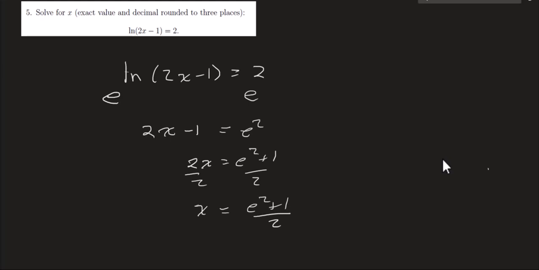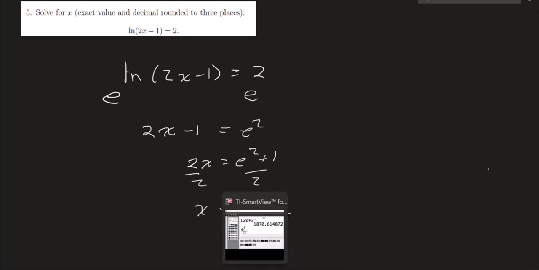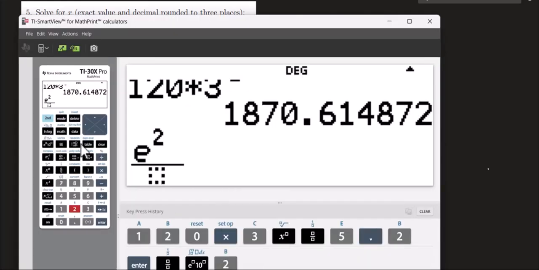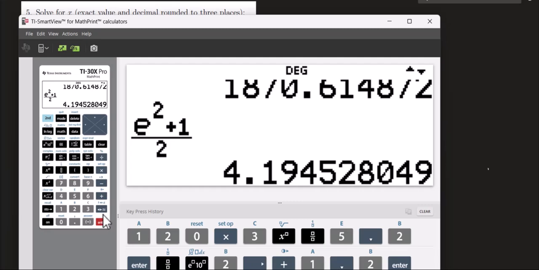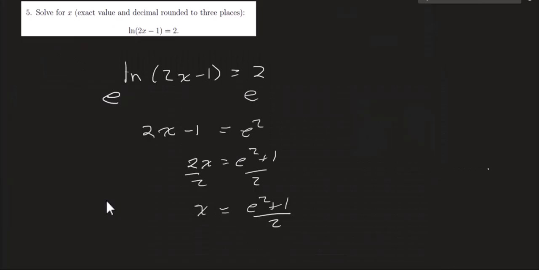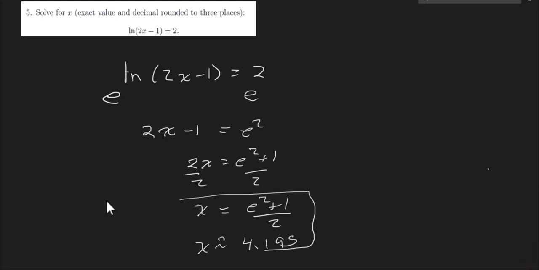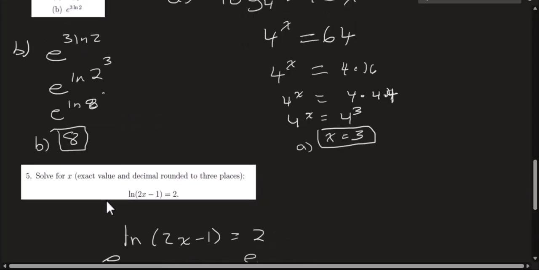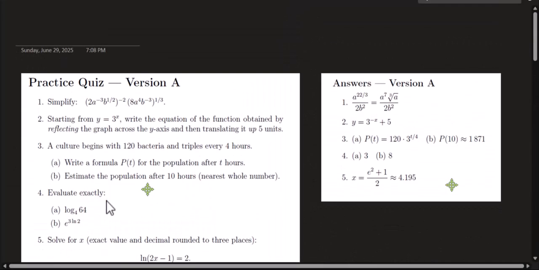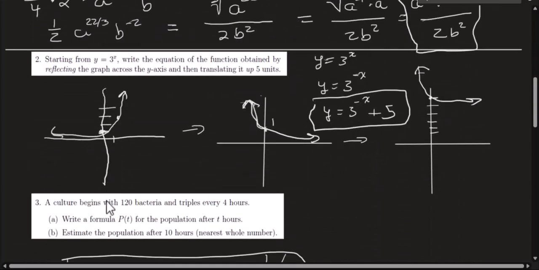E squared plus 1 over 2, 4.195. Okay, all right, so that was quiz 1.